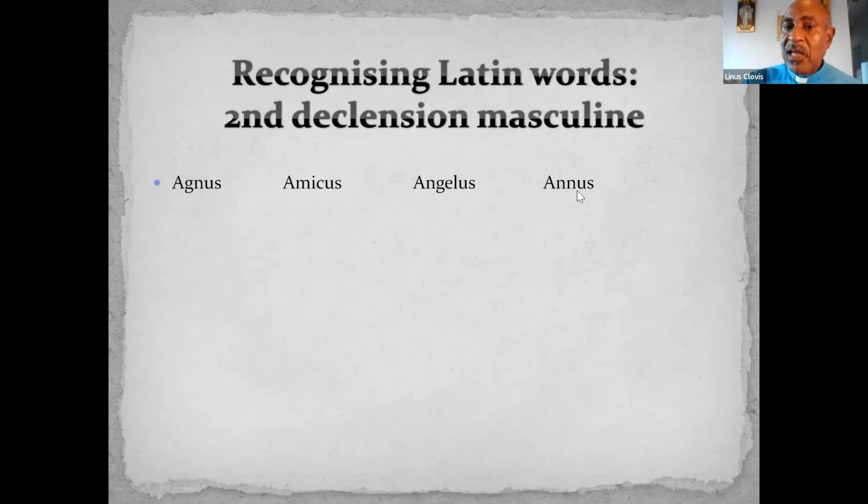And Annus, from which we get annual. So this is a year. Annus is a year. You'll find these in the updated dictionary today. So we have Agnus, a lamb, Amicus, a friend, Angelus, an angel, Annus, a year.